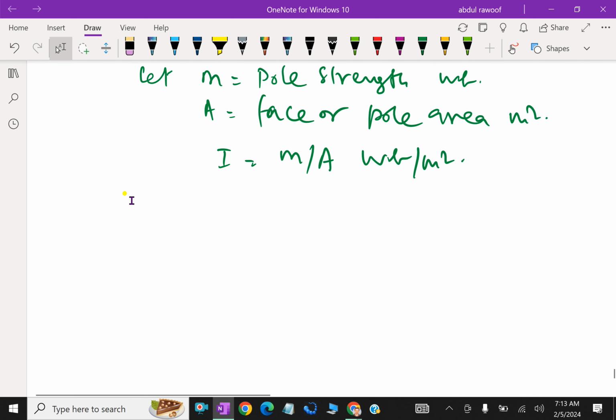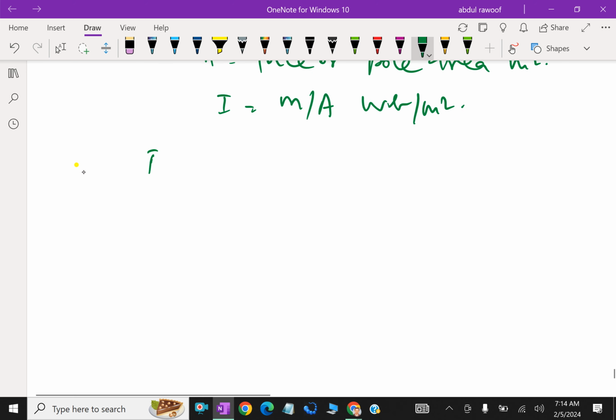Hence, the intensity of magnetization of a substance may be defined as the flux density produced in it due to its own induced magnetism. Therefore, the formula for I is M over A, which equals M into L, the moment, over A into L. That means you are multiplying top and bottom by L, the same factor.